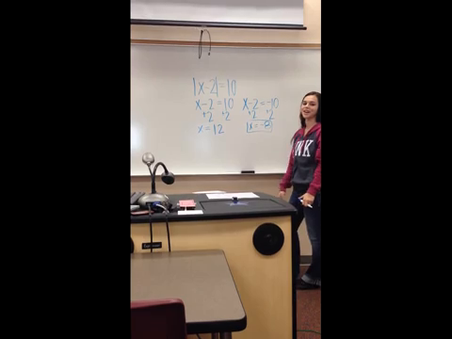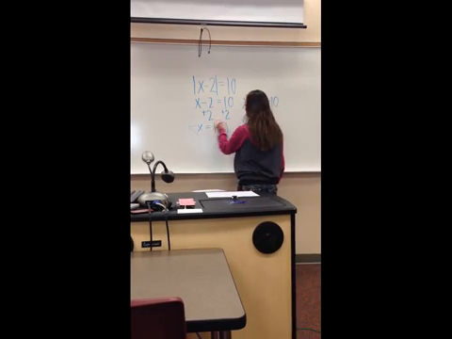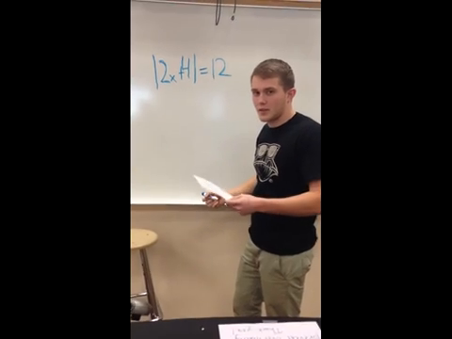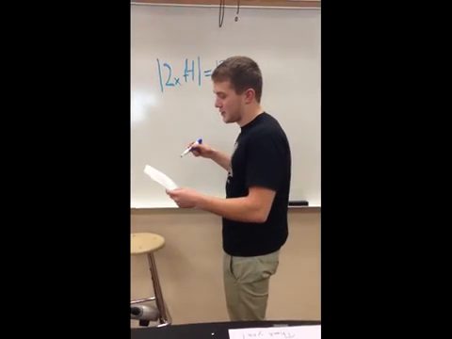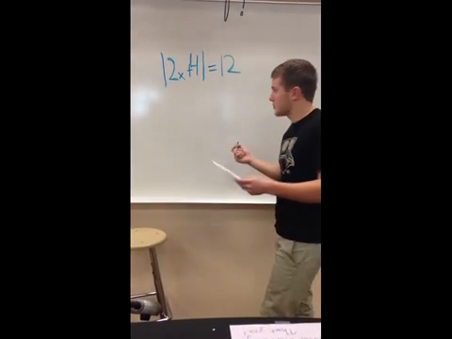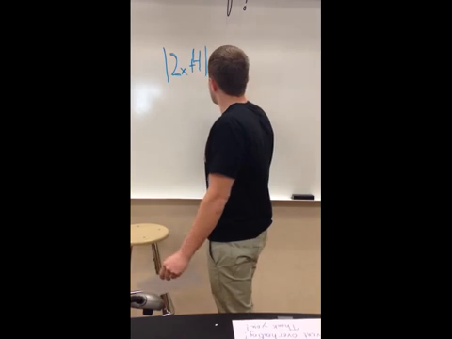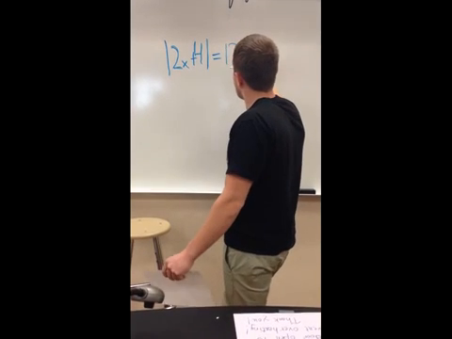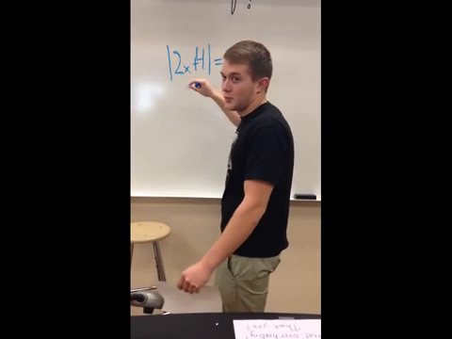Oh, I only boxed one side. Alright, how to solve a two-step absolute value equation. So you have to set it equal to 12 and then equal to negative 12.